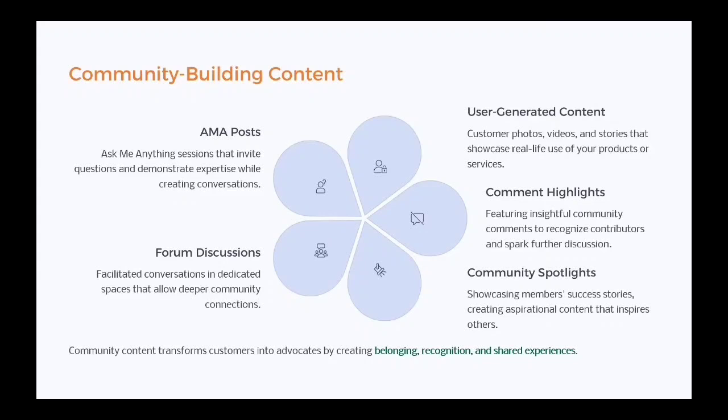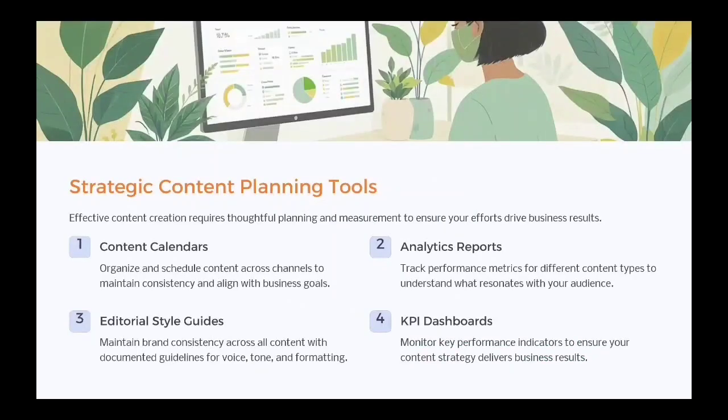You would need to be strategic in how you keep them engaged and keep them bonded, coming back year after year after year. So user-generated content makes them feel good to see things that they've posted, comments and highlight, promoting insightful comments, recognizing contributors, community spotlights, forum and discussions, and then ask me anything sessions. So that's a way to build community, have people engaged, and help them to be loyal.